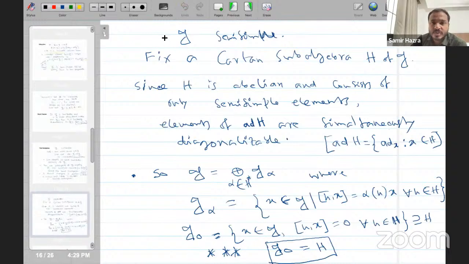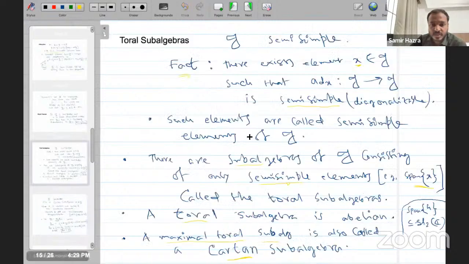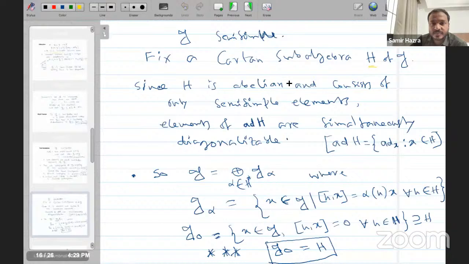So now suppose G is semi-simple, and we fix one Cartan subalgebra H of G. As we have seen, a maximal toral subalgebra is abelian.